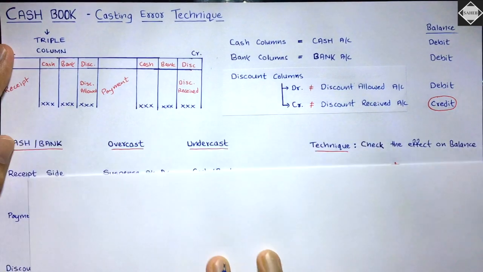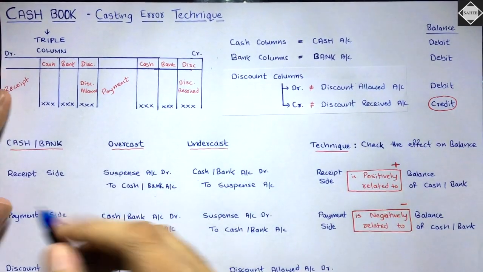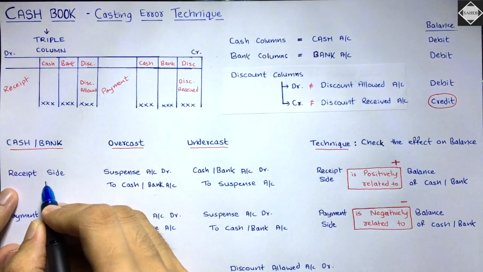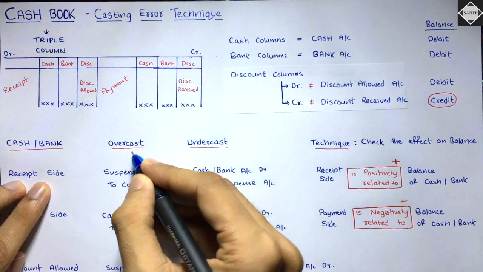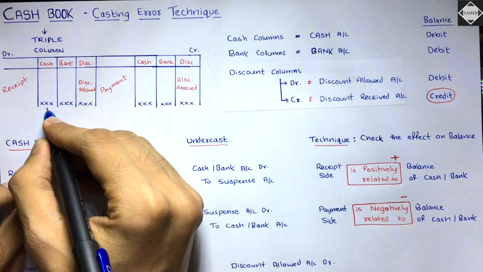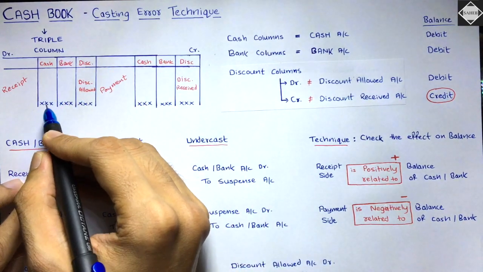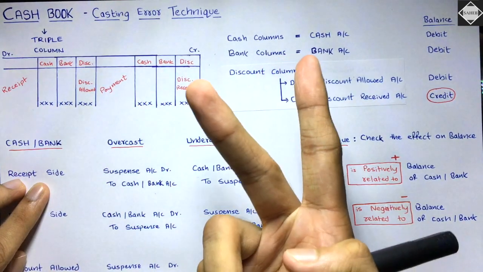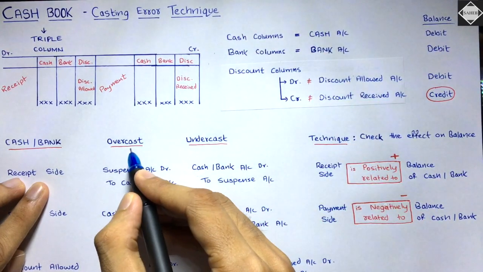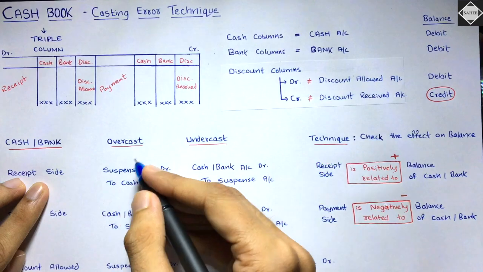See here, let's understand this. Cash or bank account, receipt side. If the receipt side is overcasted, more than what it actually is, for example, if you add up it's becoming 1000 but you have recorded 1200, you have recorded 200 extra. So what you have to do, that extra you have to reduce. Overcasted means more than what it's supposed to be, right?